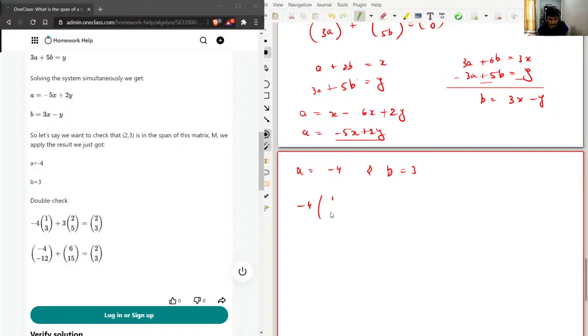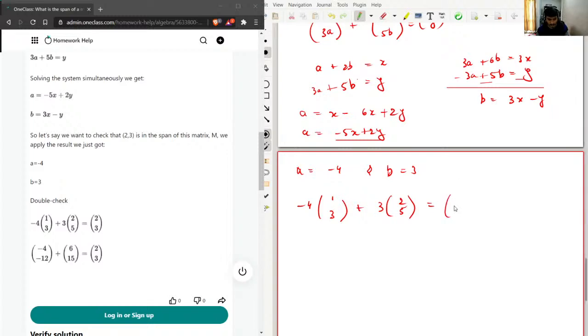So this will be -4 times 1 3 plus 3 times 2 5, and I'll just calculate this.